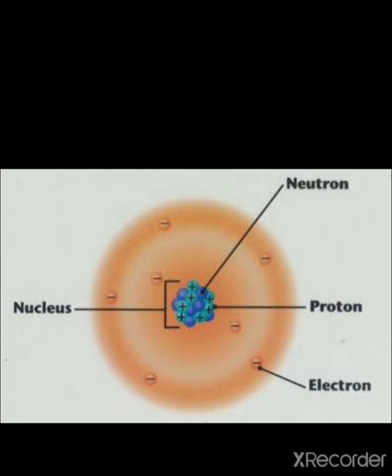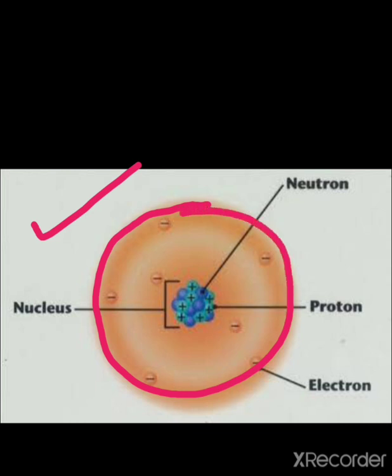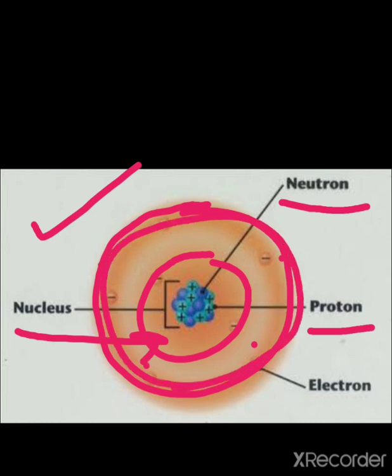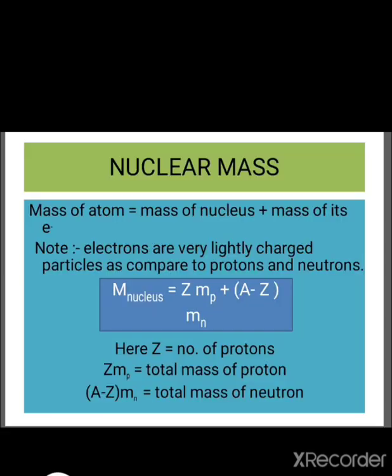So here in this figure we can define that an atom contains a nucleus, and in a nucleus there are neutrons as well as protons, and electrons surrounding the nucleus revolve in the outer region.